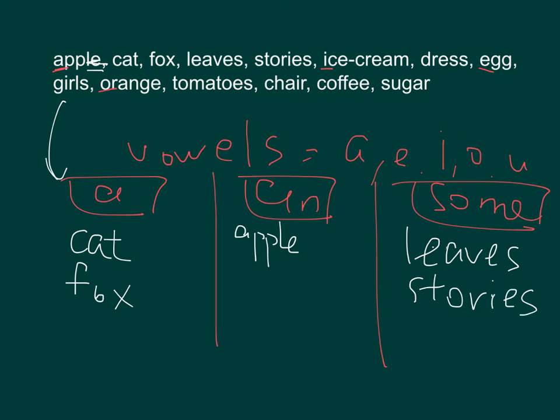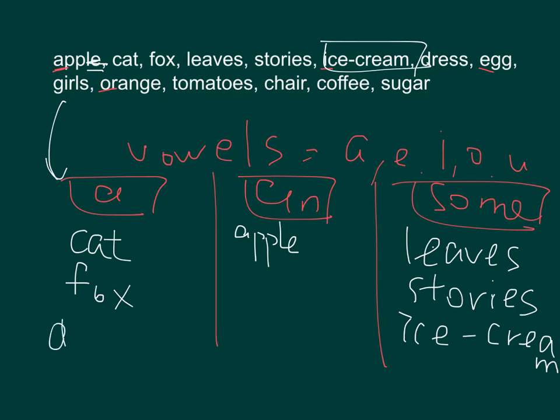And ice cream, of course, we use some ice cream because why? Because ice cream has an irregular shape, just like water. So it is counted as uncountable, and we use some to describe them.